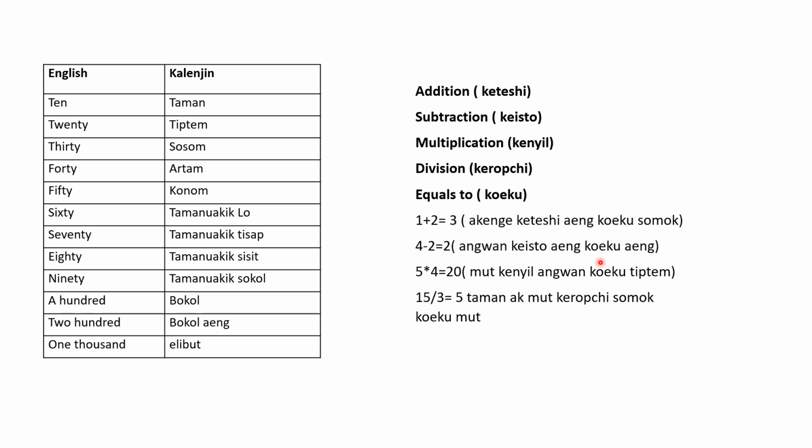Angwan keisto aeng koegu aeng. 5 times 4 is equal to 20. Mood kenyil angwan koegu tiptem. And then 15 divided by 3 is equal to 5. Taman ak mood kerobchi somok koegu mood.